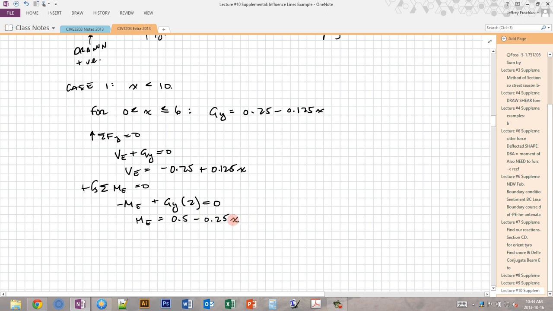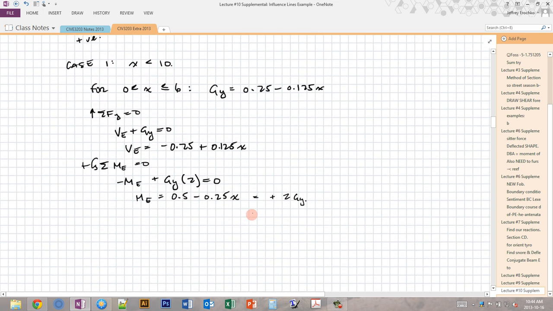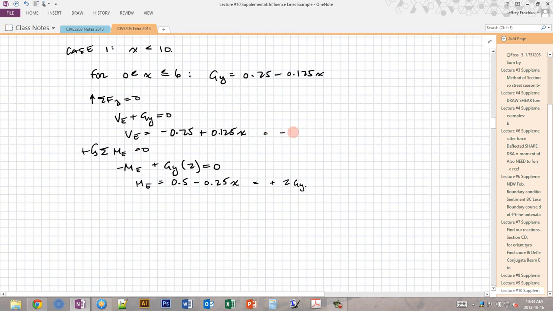And so I find that ME is 0.5 minus 0.25x, which is equal to positive 2 GY, and the shear equals negative GY.